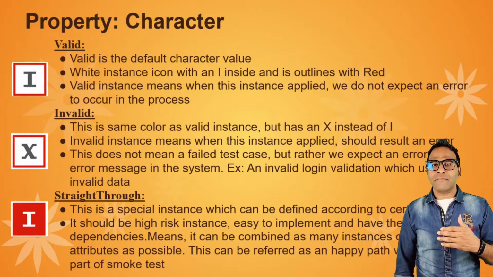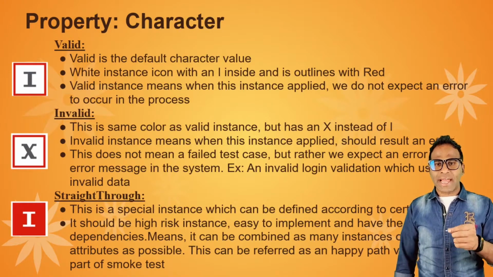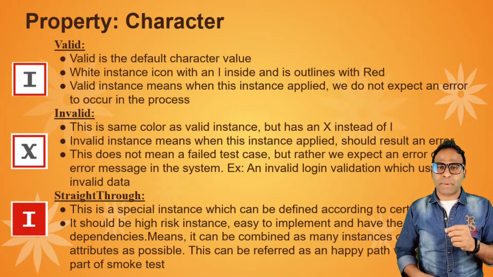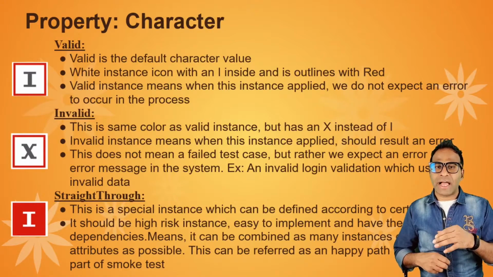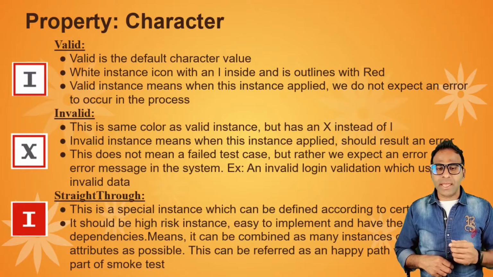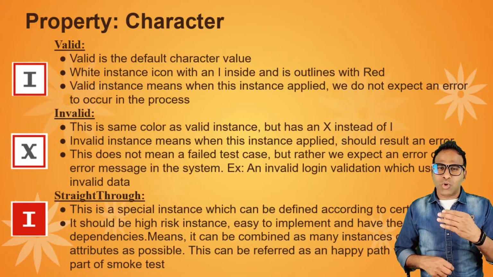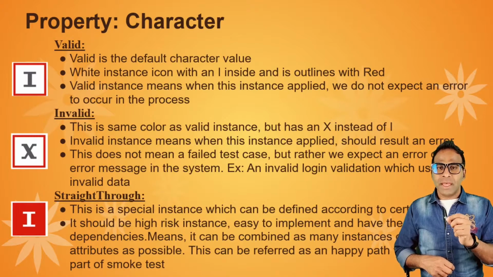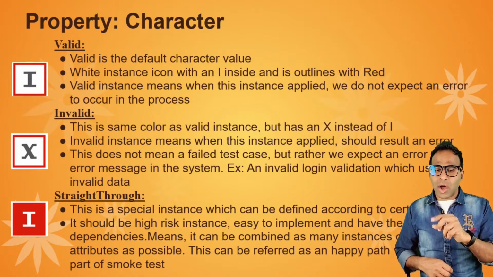That means whenever you create an instance for a particular attribute, by default Tosca will take the character property as a valid property. This is notated with a white icon with an I inside and a red line outside.